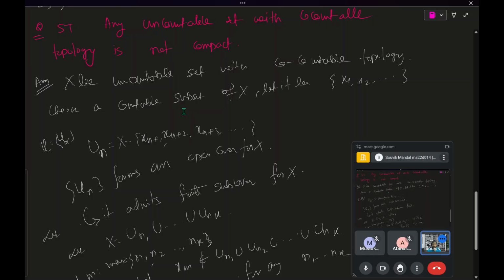Let me repeat that. Let X be uncountable with co-countable topology.